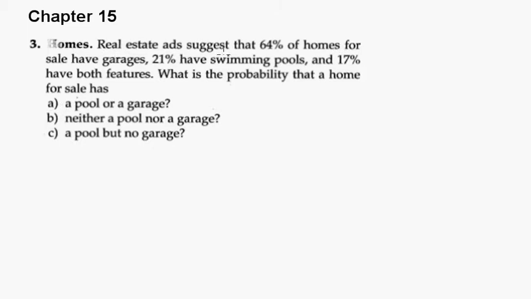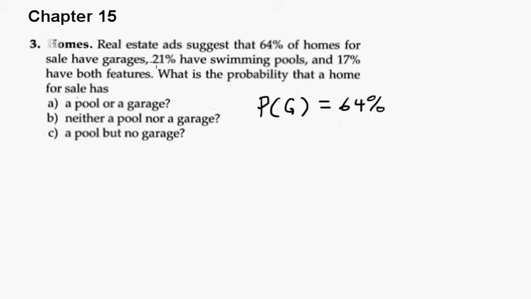So the information is about homes, and it looks like 64% of the homes for sale have a garage. So I'm going to say the probability of a garage is 64%.